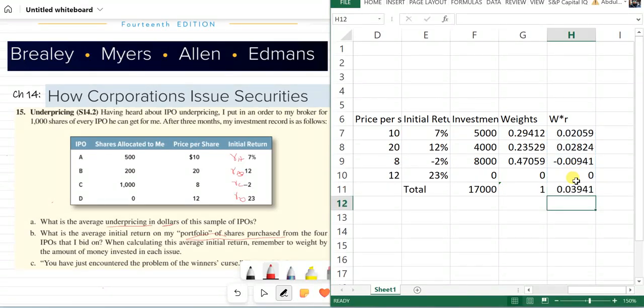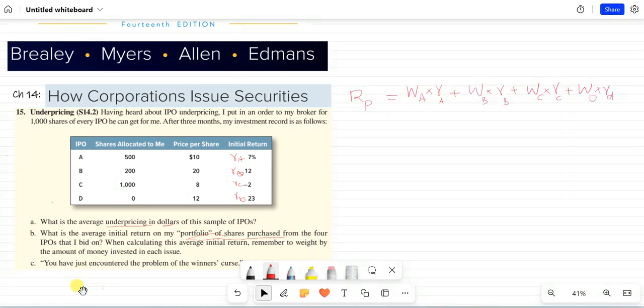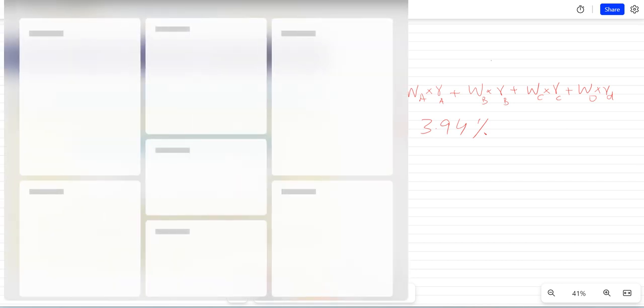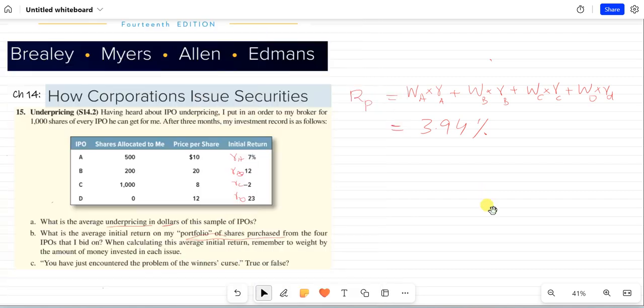These are our returns: 0.0394. If we want to write it as a percentage, it will be 3.94%. So this is our part B.